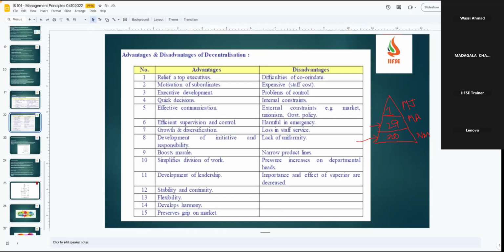Then if you are not having control here, automatically there will definitely be a chance of a major accident. That's why we first focus on all these unsafe actions or near misses, then we are able to control this 300. If you are able to control this 300, there will be very little chance of these 29 happening. Then there will not be a chance of this major accident happening.